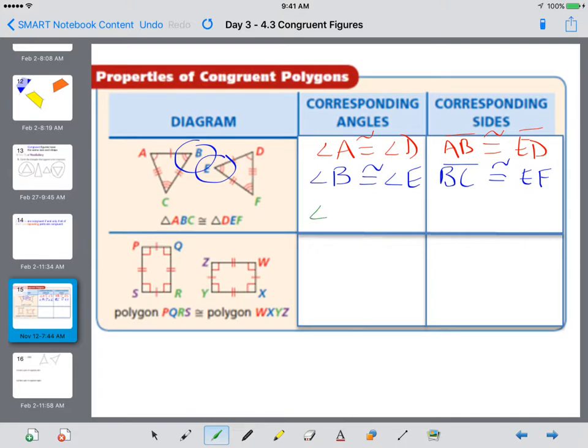Now the last angle would be angle C congruent to angle F. And their side in between would be, I'm going to say CA congruent to FD. Now the order in which you say this stuff has meaning to it.